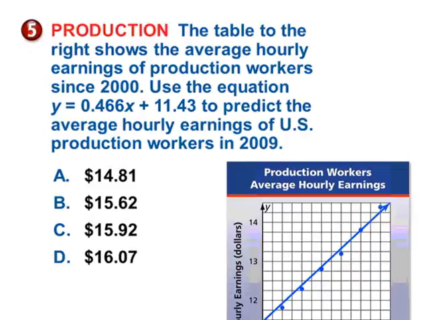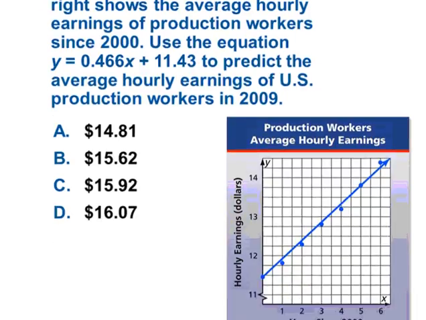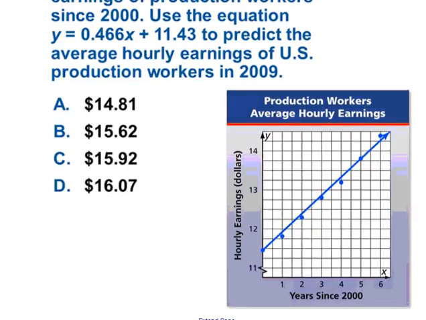The table to the right shows the average hourly earnings of a production worker since 2000. Use the equation y is equal to 0.466x plus $11.43 to predict the average hourly earnings of a U.S. production worker in 2009. Well, you can see my graph doesn't go to 2009, it goes to 2006. I can still use the equation though.